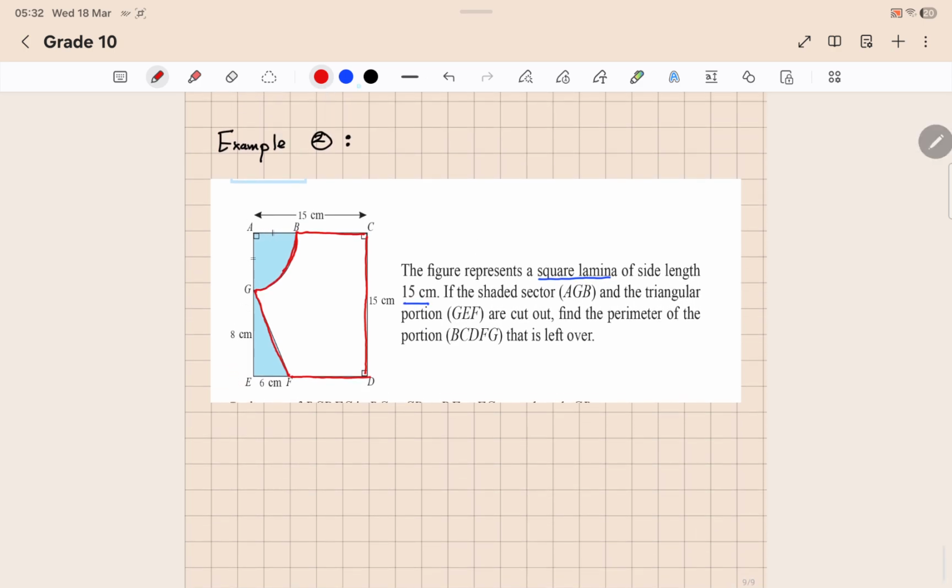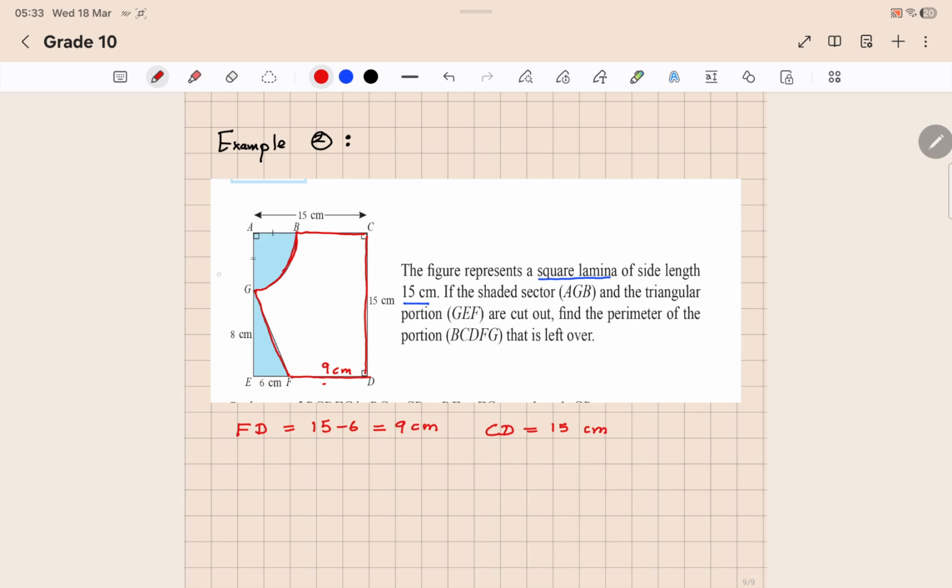So let me write an expression. Let's first find these lengths. Some of these lengths we can quickly find. FD we can easily find. What is FD? Length of a side is 15 and EF is given as 6, so 15 minus 6, 9 centimeters. CD we already know, which is 15 centimeters.